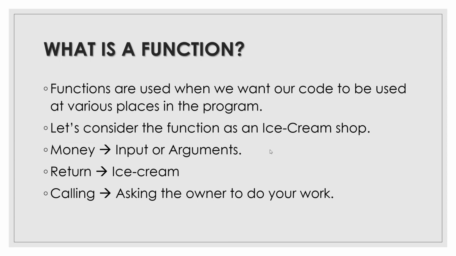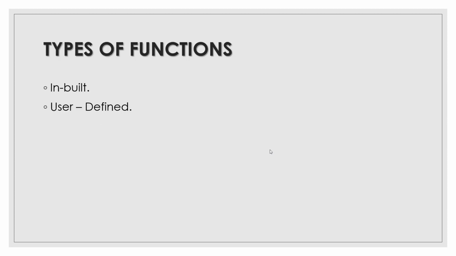Now let us move to the types of functions in Python. There are basically two types of functions in Python. The first one is the inbuilt function, which you are already familiar with. The print function, input function, max function, min function, sort function, etc., are inbuilt functions.